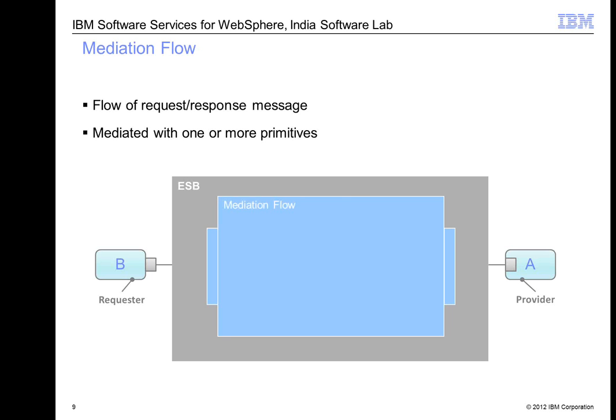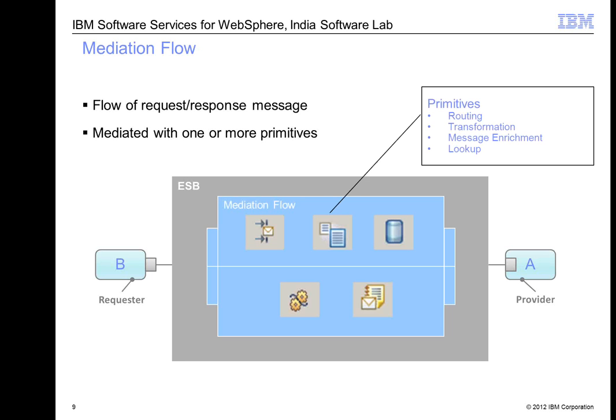Now, in the enterprise service bus, we define one or more mediation flows. And these mediation flows are actually the flow of message from source to target and back from target to source. We can call them the request message flow and the response message flow also. And as part of this message flow, there could be different primitives that can be used in the enterprise service bus.